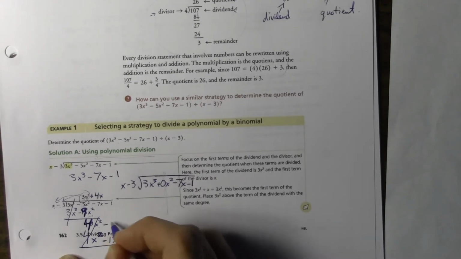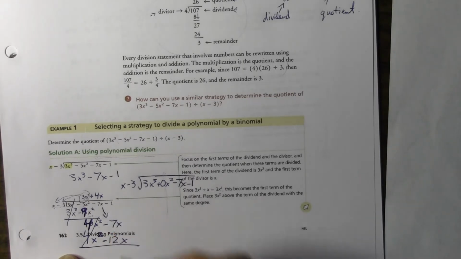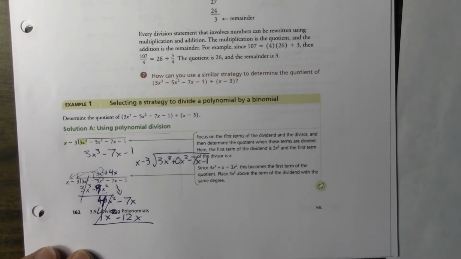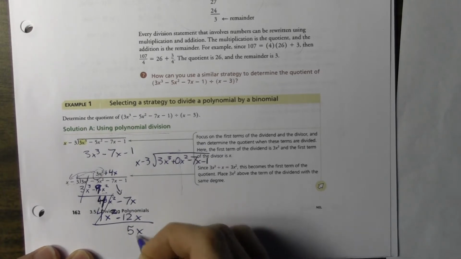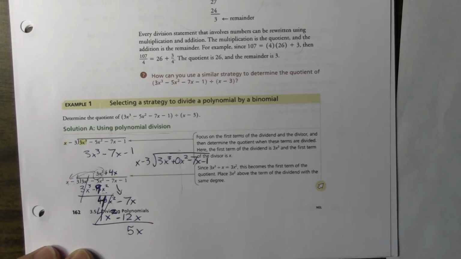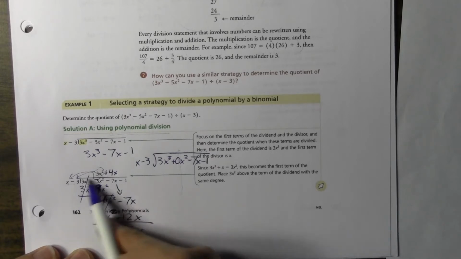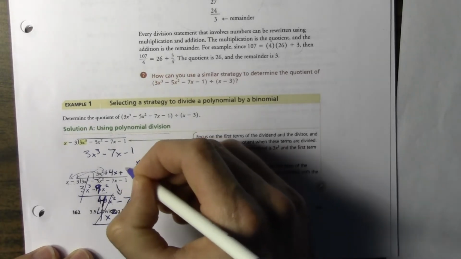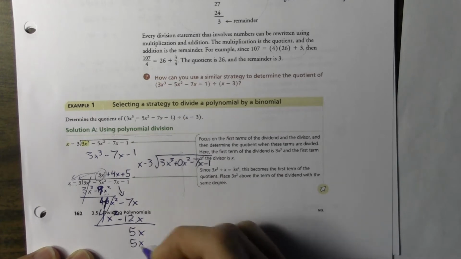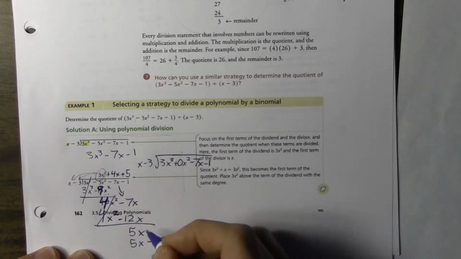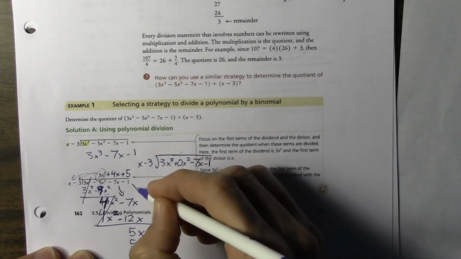And this negative 7x drops down. So negative 7x plus 12x is 5x. Now up here, I'm going to have positive 5. So I get 5x minus 15. This negative 1 drops down.